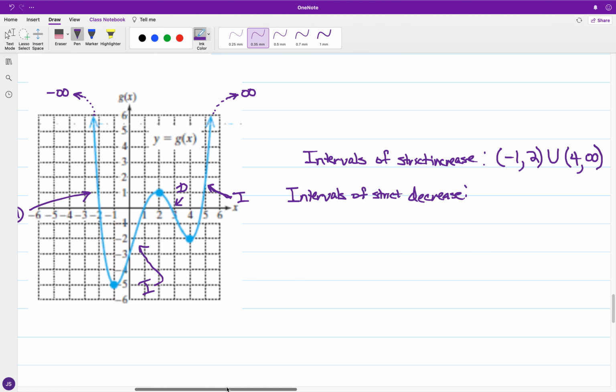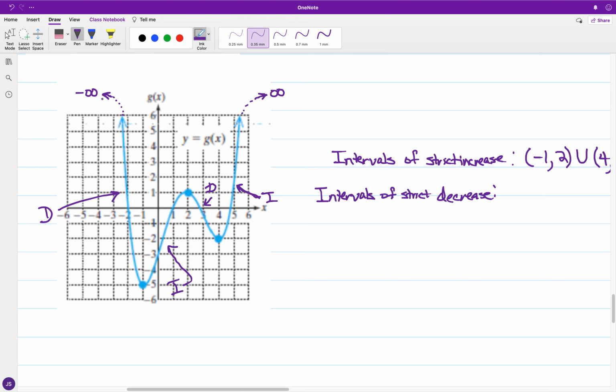So for the first decrease, you have going from -infinity approaching the relative minimum at (-1, -5). So you have x going from -infinity approaching, but not including, x equal to -1.